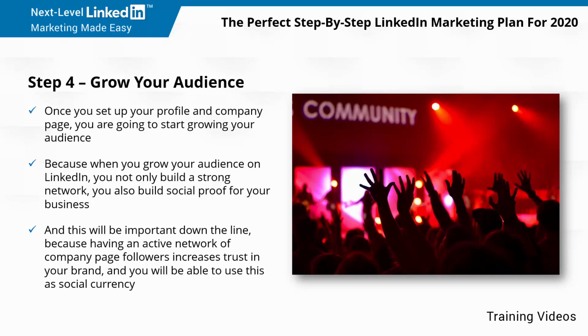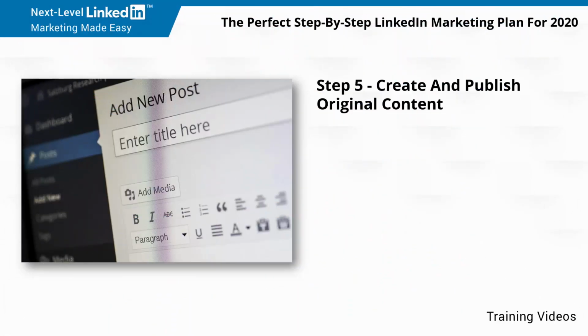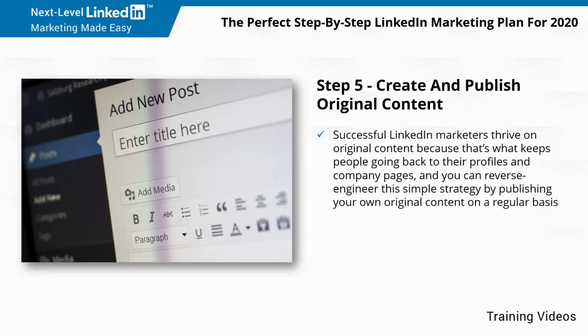What this means is that you can use your active network of contacts and followers as proof that your business is worth investing in. This is why growing your audience first is vital to achieving your goals. Step number 5. Create and publish original content. Successful LinkedIn marketers thrive on original content because that's what keeps people going back to their profiles and company pages.